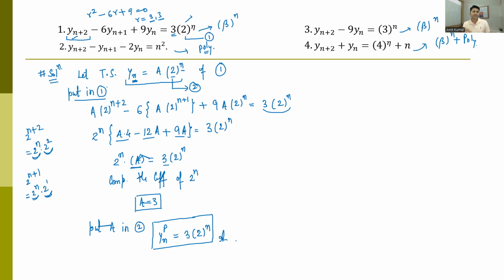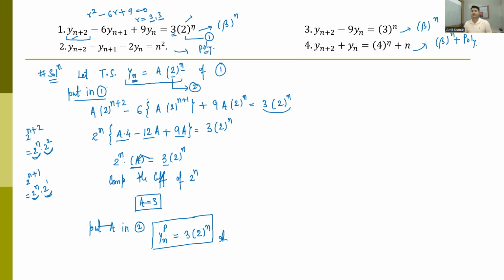Once simplification is done, do the comparison to find the undetermined coefficients. Whatever undetermined coefficient is obtained, put it in your trial solution, and the trial solution is converted into the final particular solution. Okay, so this is how we can find the particular solution of example number 1.